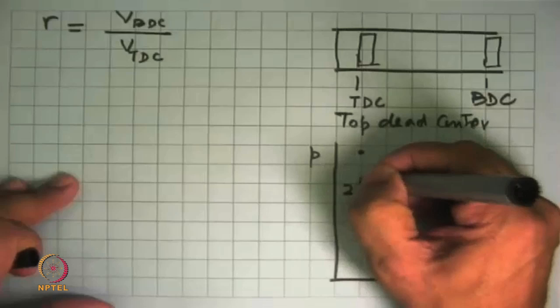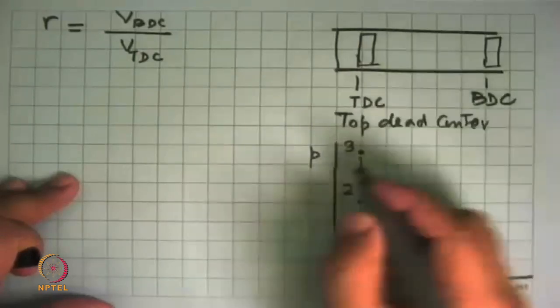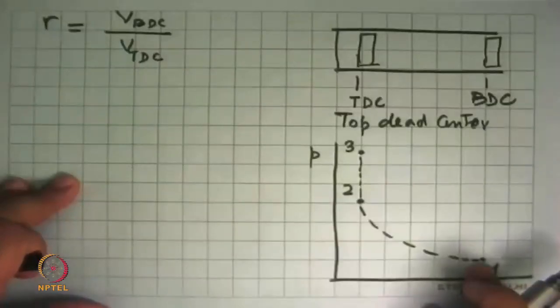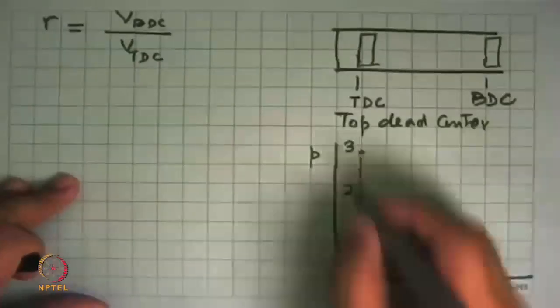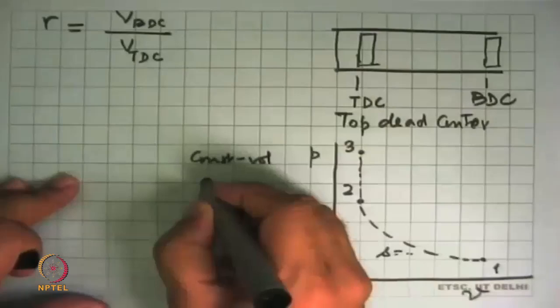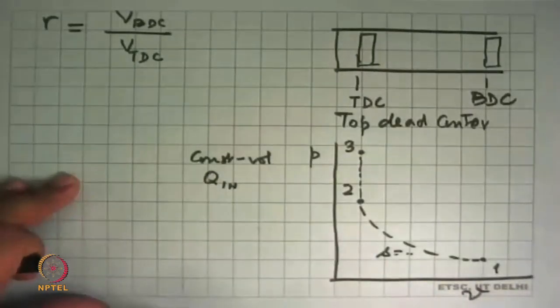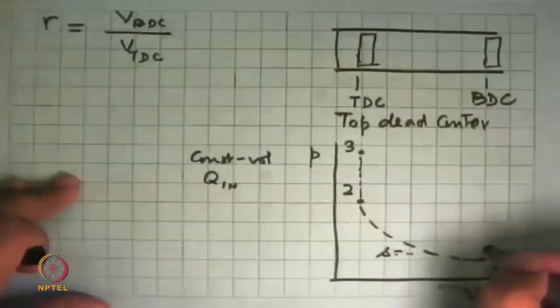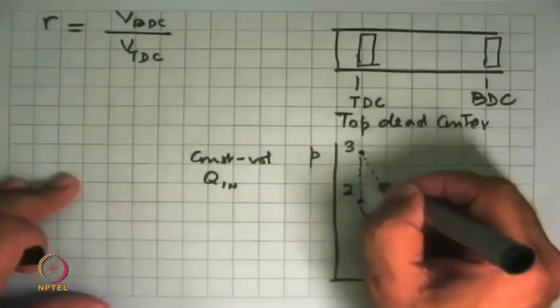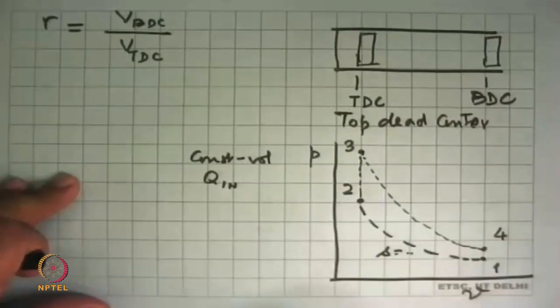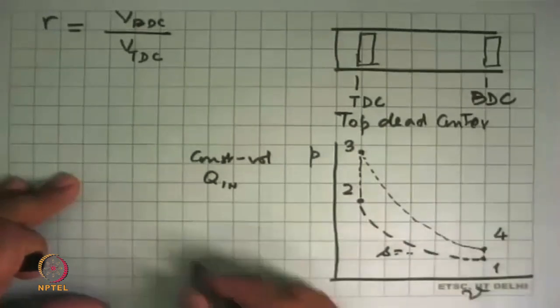Then in the ideal cycle, we have constant volume heating. So from here it goes and gets to state 3. This is constant volume heat addition. And after that, the piston has to come back to its original position, so it expands from here and comes back to this state, which is 4.